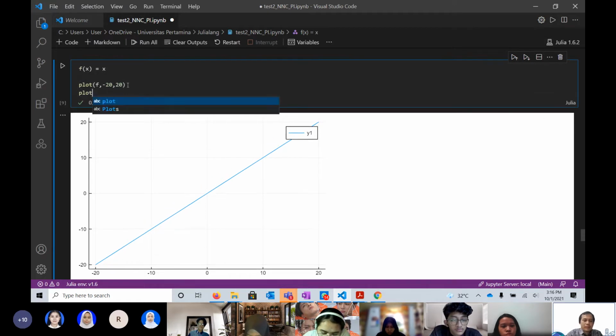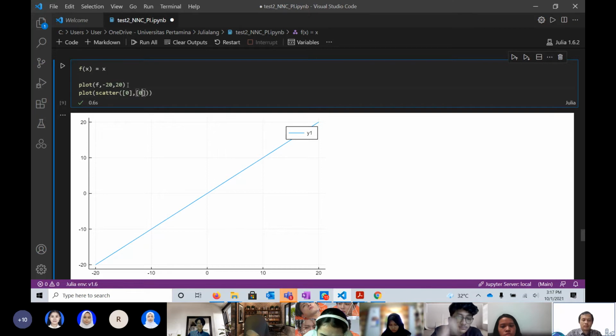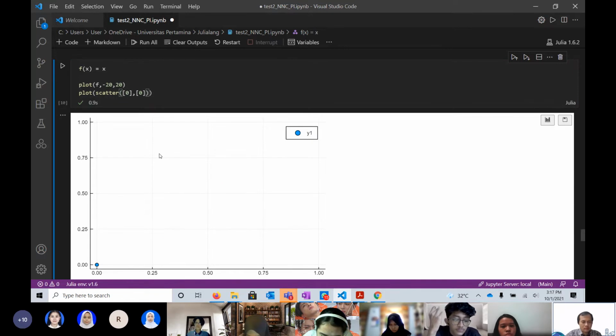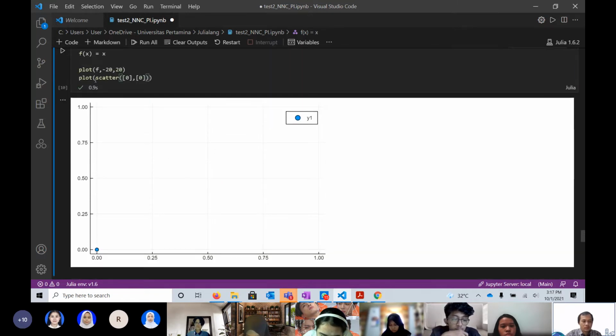Let's plot the center at 0, 0. Oh no, it should be like this.